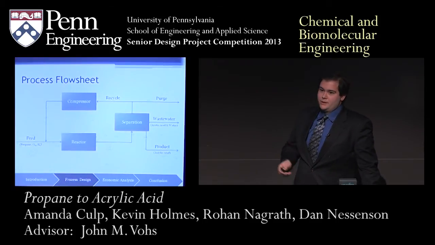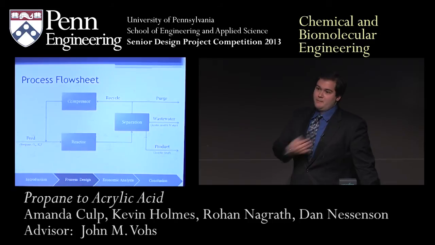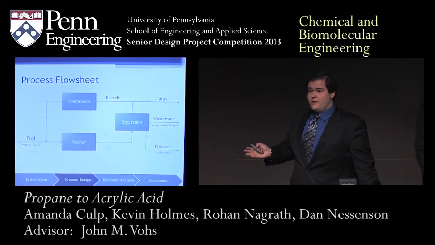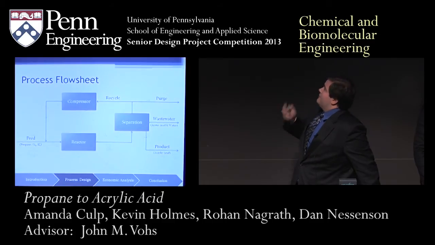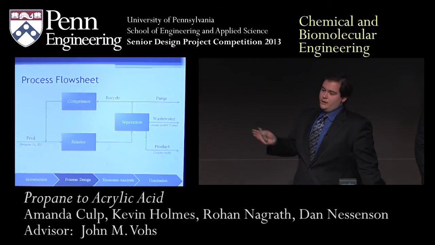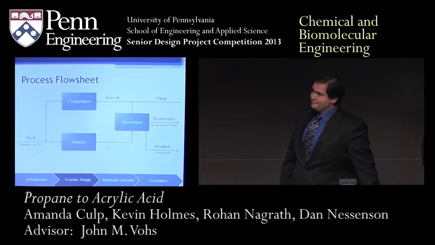Of course, in our reactor section, there is a reactor. The reactor is filled with the catalyst that Amanda talked about, and a reaction takes place over that catalyst. Only about 10% of the propane is converted per pass through the reactor. So coming out of our reactor section, there is still a lot of reactant. And we do form a little bit of product, acrylic acid, some acetic acid, and also water.